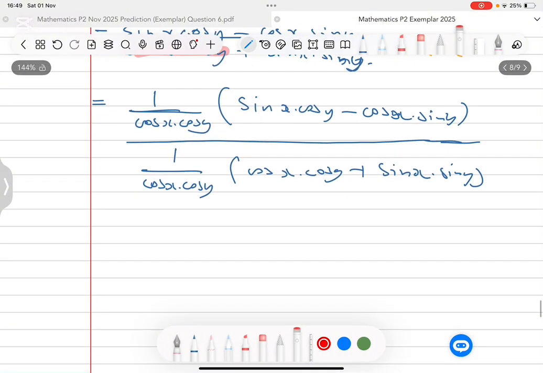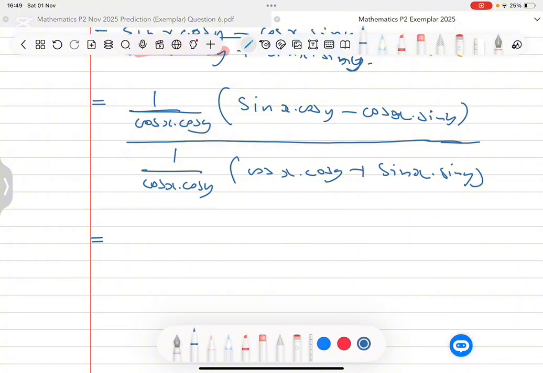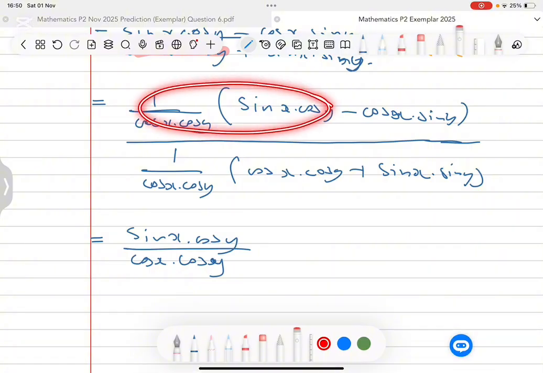Now from here we multiply this with each term inside the brackets, so that now I'm going to have the sine of x cos of y all over cos of x cos of y. This is the first part here.